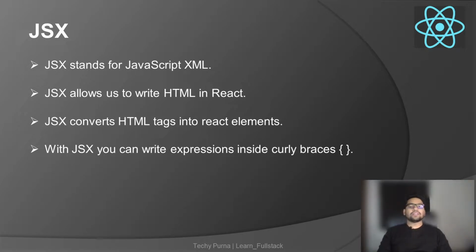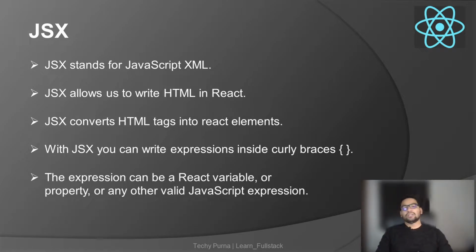With JSX, we can write JavaScript code inside curly braces, meaning we can write expressions, and the expression can be a React variable or properties or any other JavaScript expression.